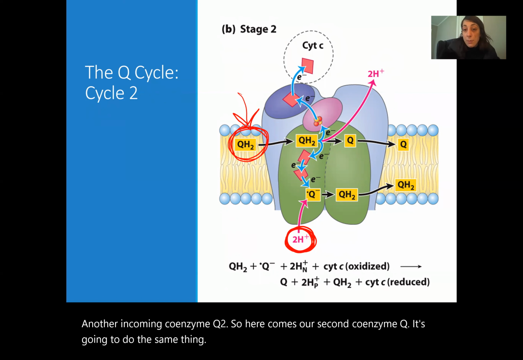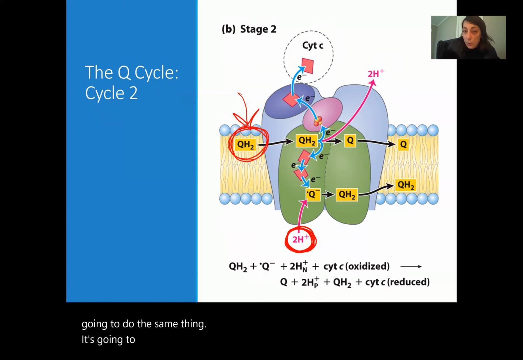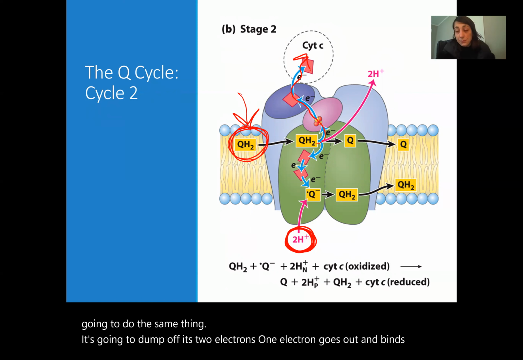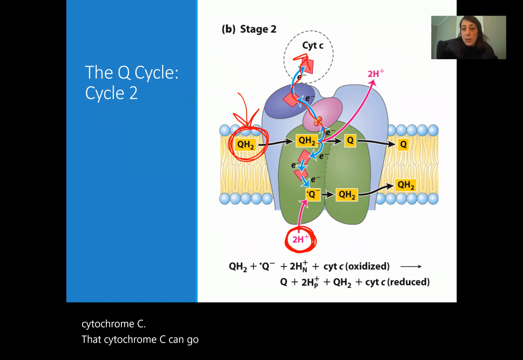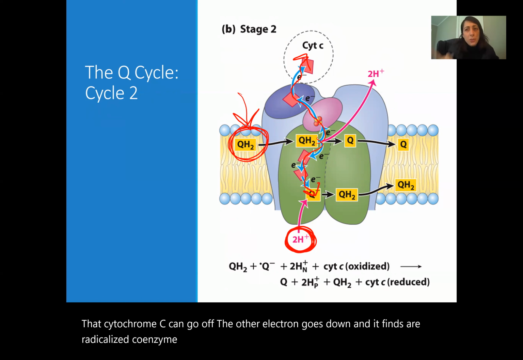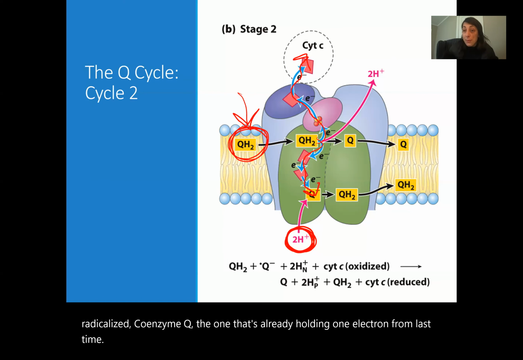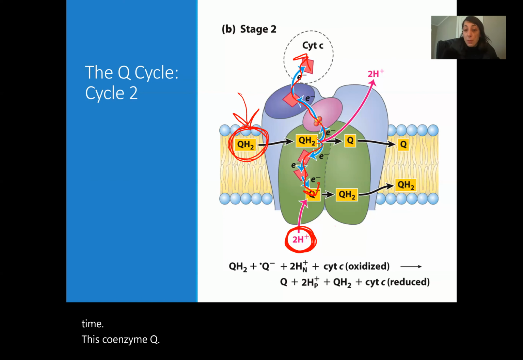It's going to dump off its 2 electrons. 1 electron goes out and binds to a cytochrome C. And that cytochrome C can go off. The other electron goes down and it finds our radicalized coenzyme Q, the one that's already holding 1 electron from last time. This coenzyme Q can then pick up 2 protons.